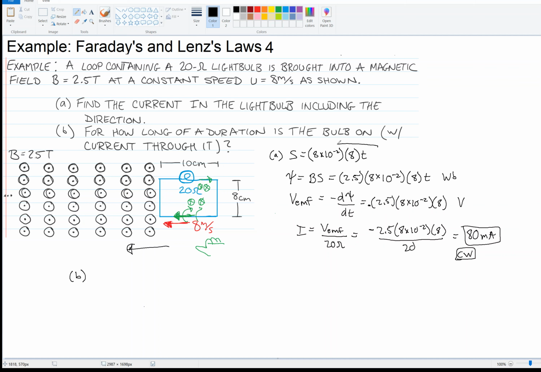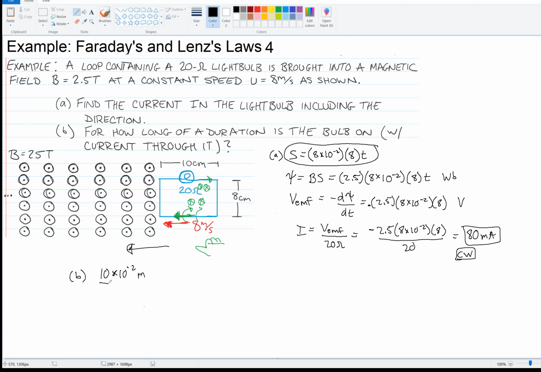All right, so part B, for how long of a duration is the bulb on? So this thing here is actually only valid for a short amount of time, right? Until the entire loop is in. So how long does it take for the entire loop to be into the magnetic field? Well, this thing has a length 10 centimeters, or 10 to the minus 2 meters.